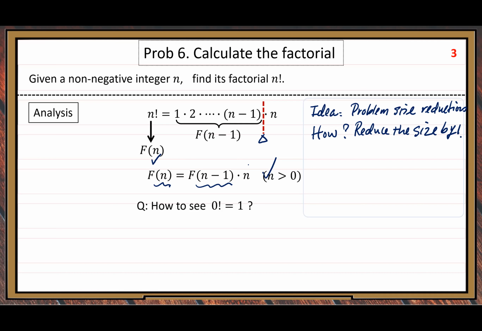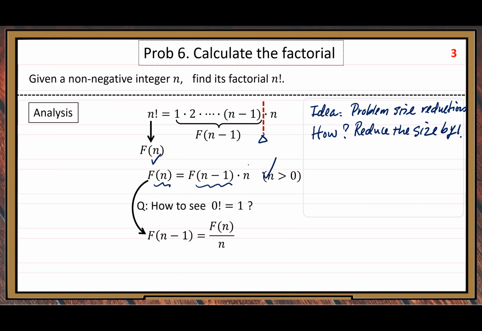You have to find some good reason to support your assumption. Here, we can do it. Let us write our recurrence relation in this equivalent formula: F of n minus 1 equals F of n over n. That's equivalent to our recurrence relation.